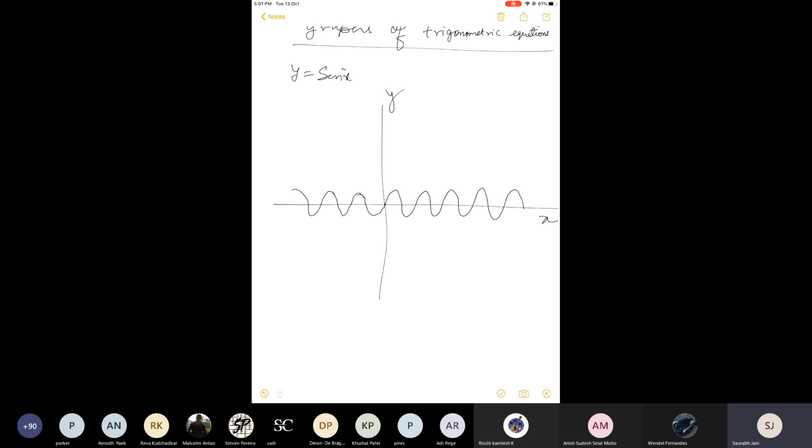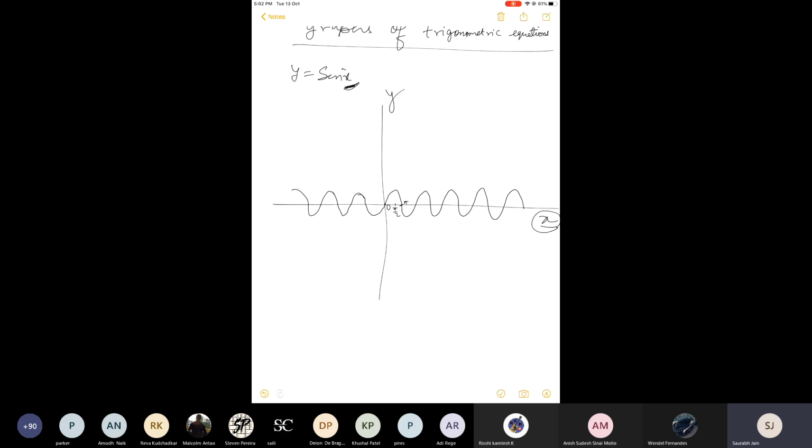On the x-axis, this is x, this is the angle of sine. So I will be plotting angles here, and I will be plotting the angles in terms of radian. Everyone should try to understand this, it is extremely important. On the x-axis, what type of numbers do we take?